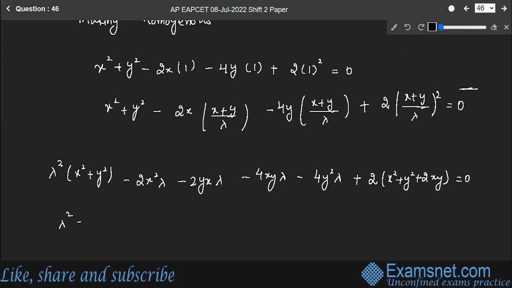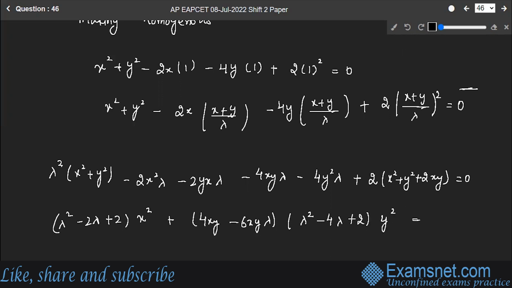This makes it lambda square minus 2 lambda plus 2 into x square plus 4 minus 6 lambda xy plus lambda square minus 4 lambda plus 2 whole y square is equal to 0.